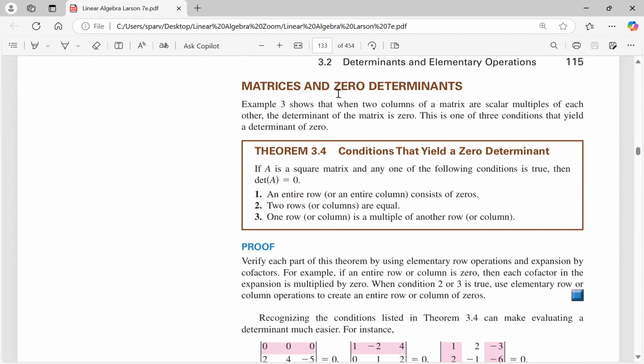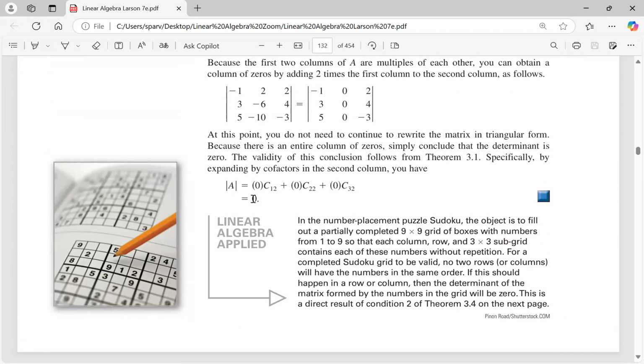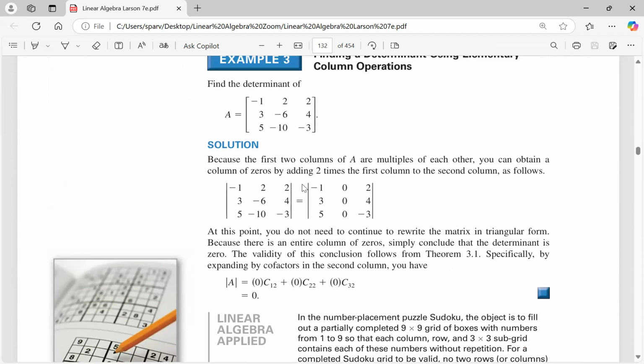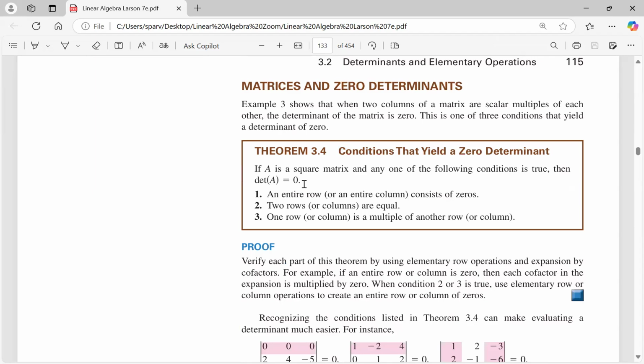Now, the last thing in this section, I believe, is this one, and we're done with this section. We're looking at the conditions that yield a 0 determinant. How can the determinant be 0? Remember up here, the determinant is 0. In his example, we clearly saw this: one column was a multiple of another column. Let's check it out here.